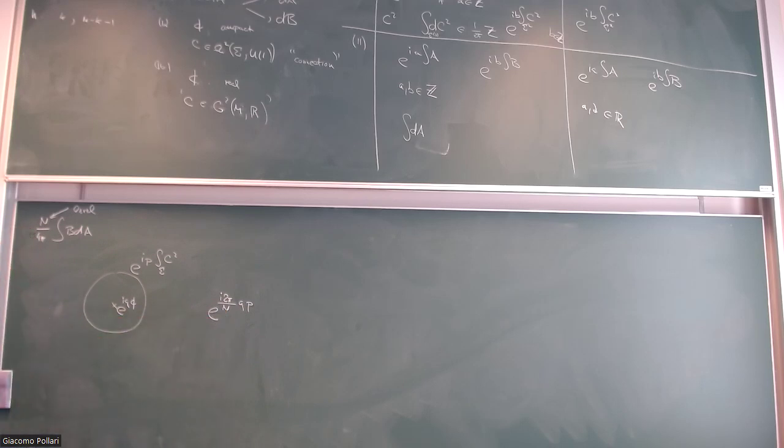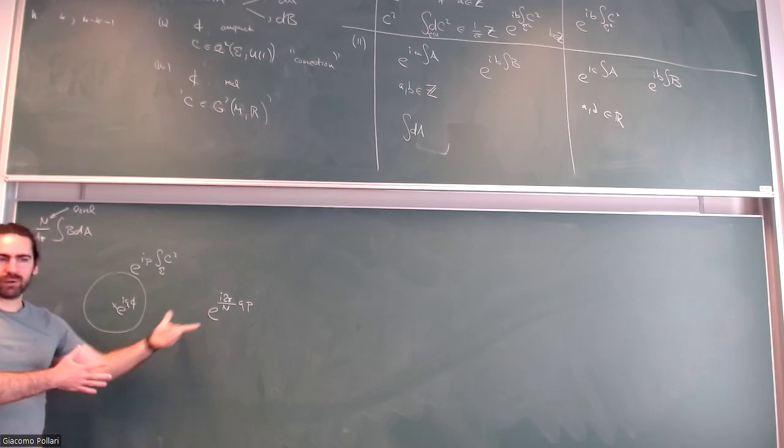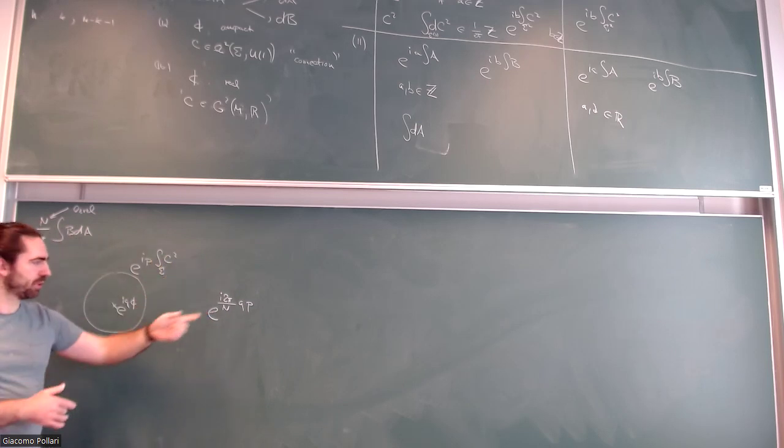Now you see that Q and P are a priori in Z. But what if P or Q is a multiple of N? Then this will be 1, because the exponent will be proportional to 2 pi.